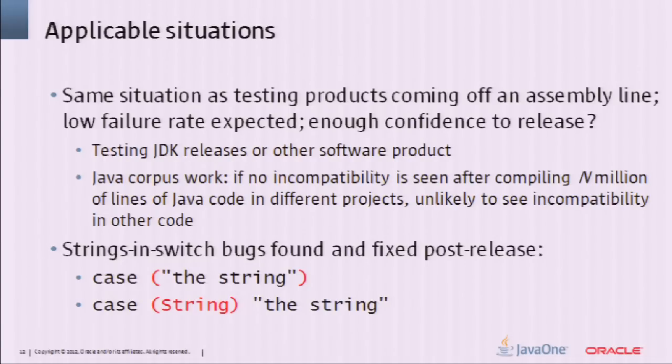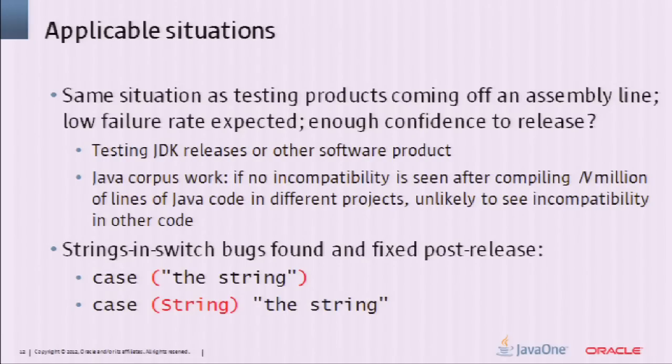We've also used this kind of reasoning informally when evolving the Java programming language. For the Project Coin features in JDK 7, we were concerned about some of the compatibility impacts, so we instrumented the compiler and ran it against millions of lines of code in various open source collections of projects to judge what the compatibility impact was.